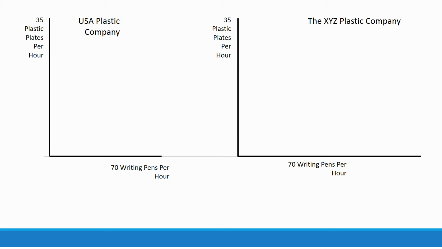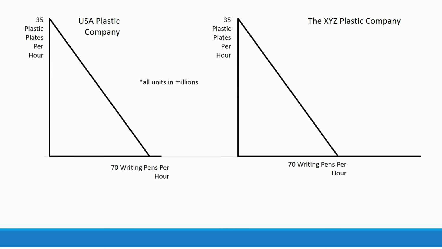And the XYZ Plastic Company experiences the same ratio of opportunity costs, 35 plastic plates per hour and 70 writing pens per hour. They have the same ratio, so that means that they can't trade. They produce at the same opportunity cost as each other.